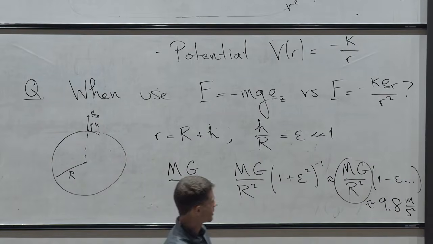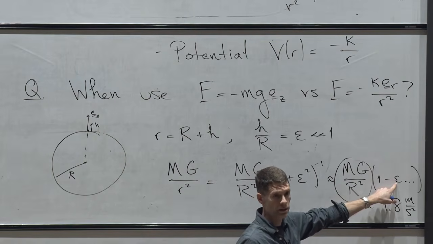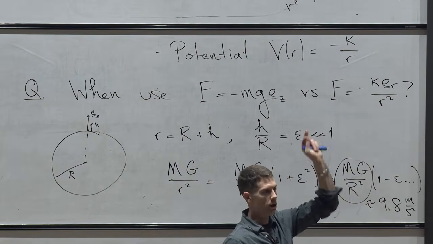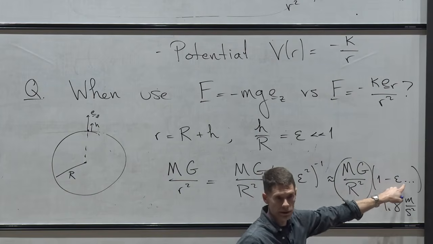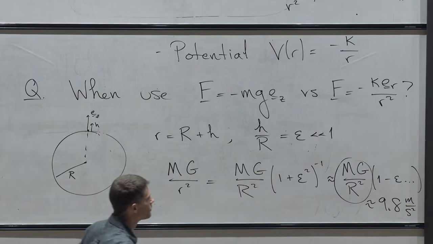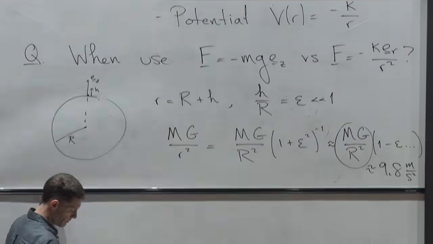Indeed, this little calculation also tells you if you wanted to go a bit further in your approximation, if you're, say, above the surface of the Earth by a substantial amount, but not far enough to be in some sort of orbit, you can do this and see what the next term you need is. But that's the connection between those two formulations.